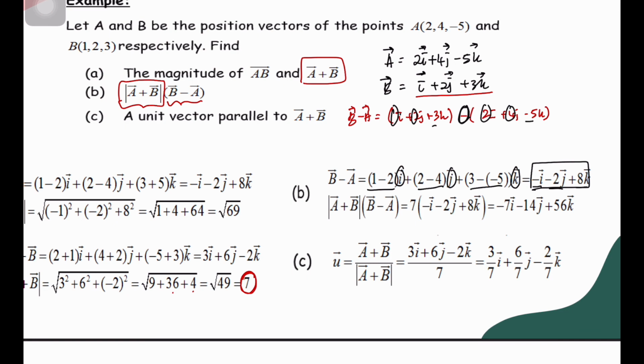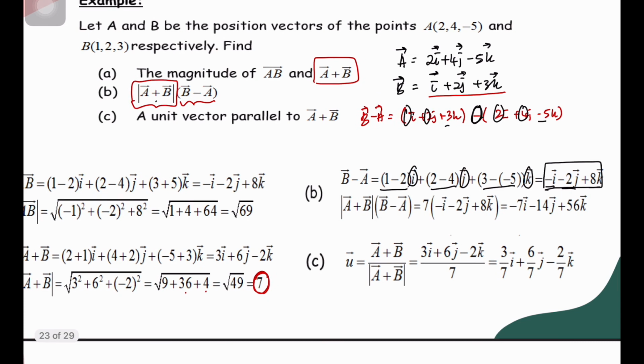The question asks you to multiply 7 with B minus A because the magnitude of A plus B is 7, which we have already found. So 7 multiplied with this vector. What you need to do is just multiply 7 to all of them. 7 multiplied with negative 1 gives negative 7i. 7 multiplied with negative 2 gives negative 14j. 7 multiplied with 8 gives 56k.